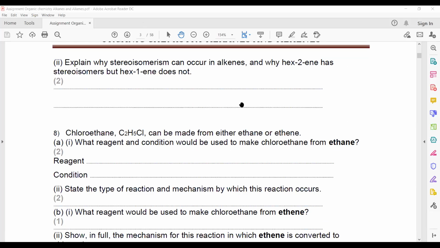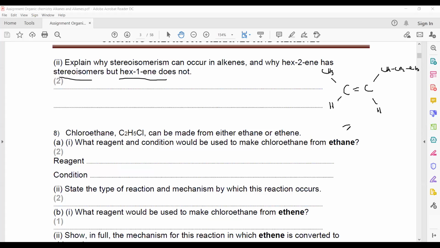So in the next, they're asking why stereoisomerism can occur in alkenes and why hex-2-ene has a stereoisomer but hex-1-ene does not. So when I draw the structure of hex-2-ene, it can have cis or trans, sorry, E or Z. Cis, trans is not possible. So CH2, CH2, and CH3.